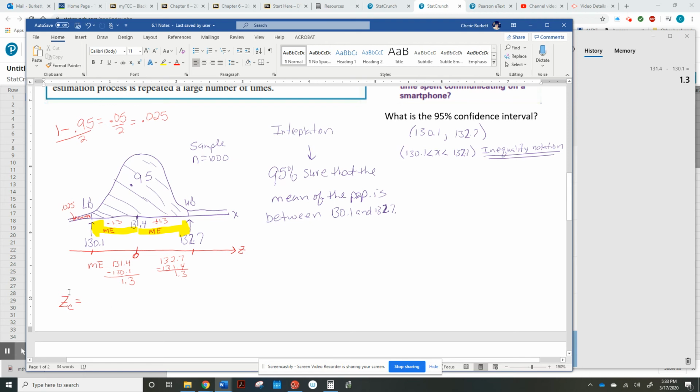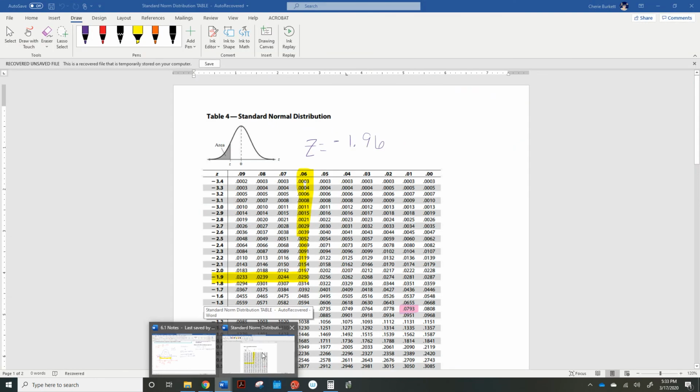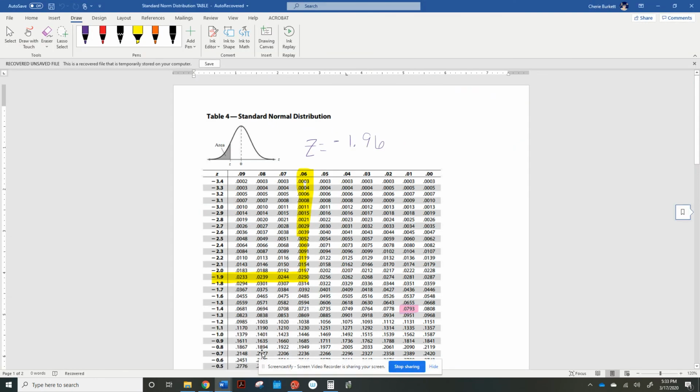And I think that this has a name. I will look it up in just a minute. I can't remember what it is. But we're going to go look and see if we can find it on our table. So we're looking up 0.025. Oh, and look, we found it yesterday, 0.025. There's the 0.025 right there, and it's negative 1.96.